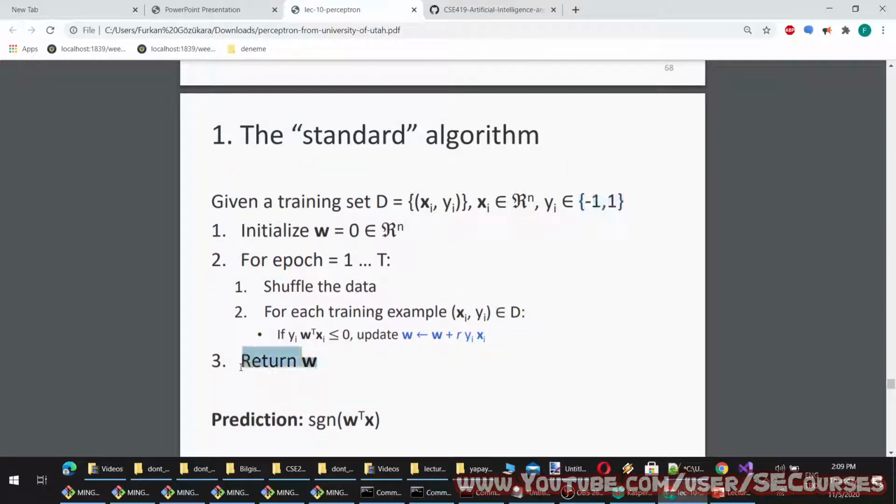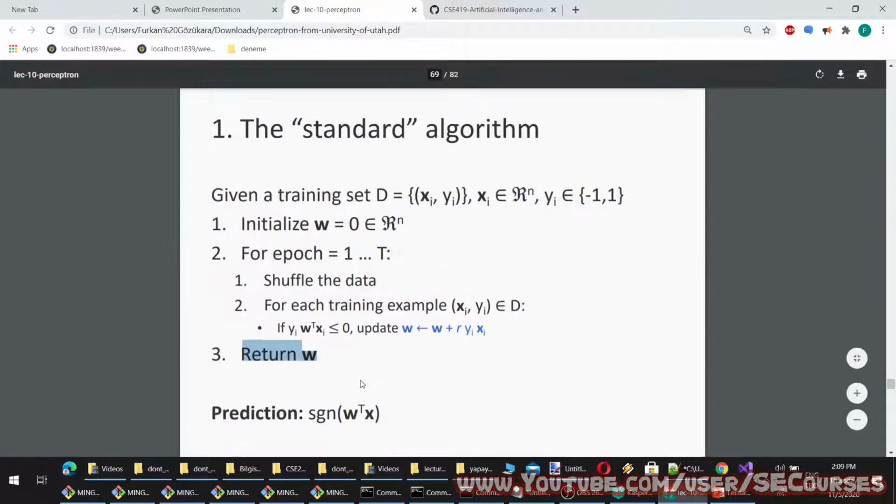Then it finally returns the updated weights. It may return the weights when it has converged or when it reaches the maximum number of epochs. So this is the standard algorithm.